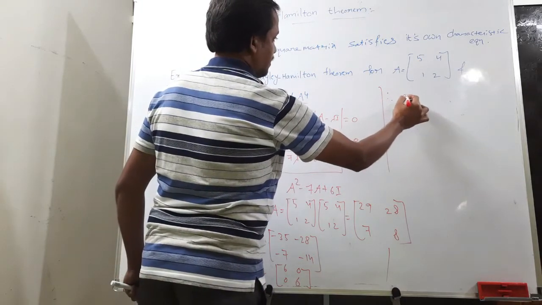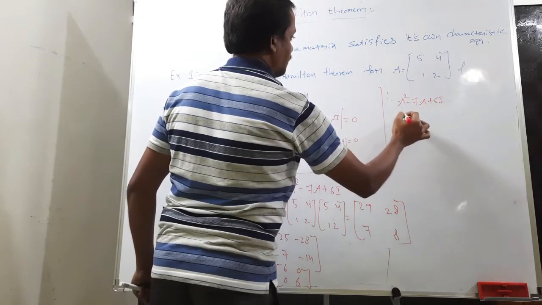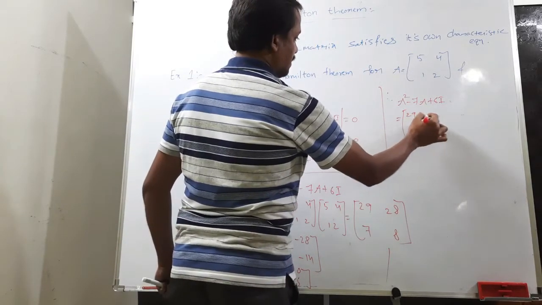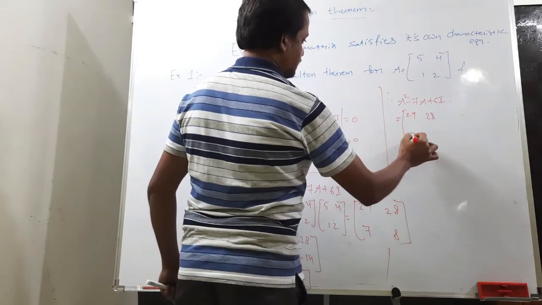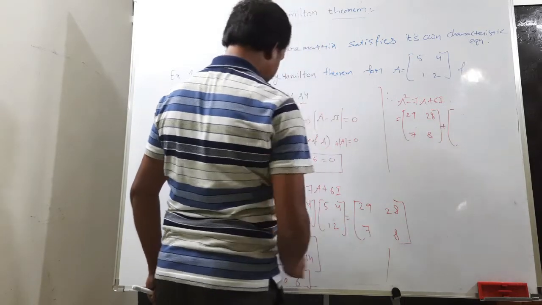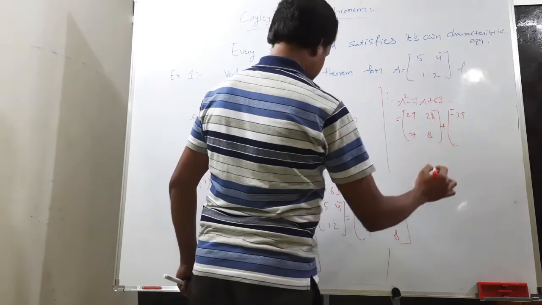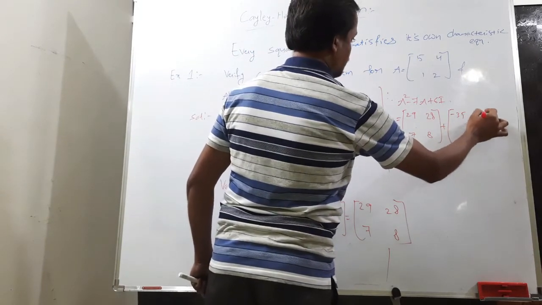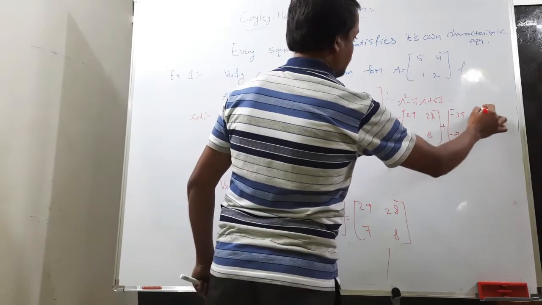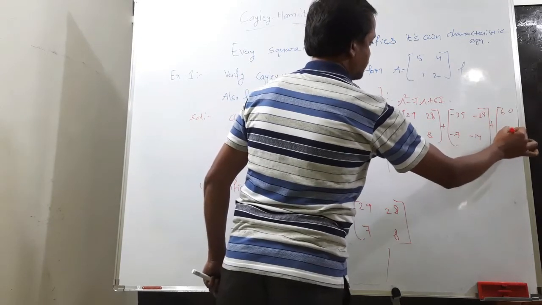Therefore A square minus 7A plus 6I is equal to A square, 29, 28, 7, 8, plus minus 7A, minus 35, minus 28, minus 7, minus 14, plus 6I, 6 0 0 6.